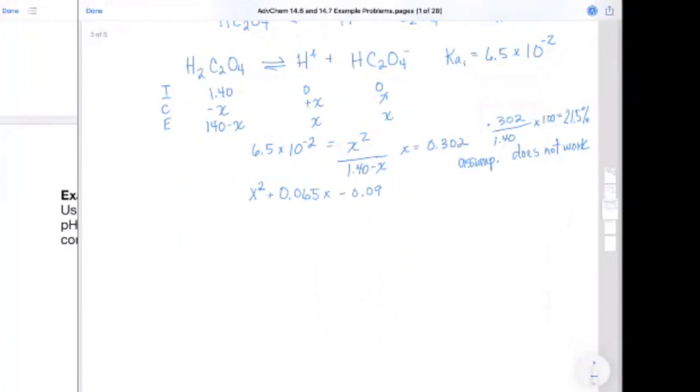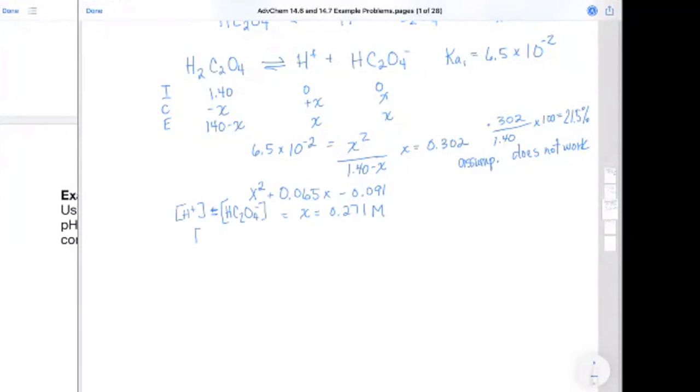Minus 0.091. Use the quadratic equation, your x value comes out to 0.271. This is molarity, and of course this would be both the hydrogen ion concentration and also the hydrogenated oxalate ion concentration. So both of those.